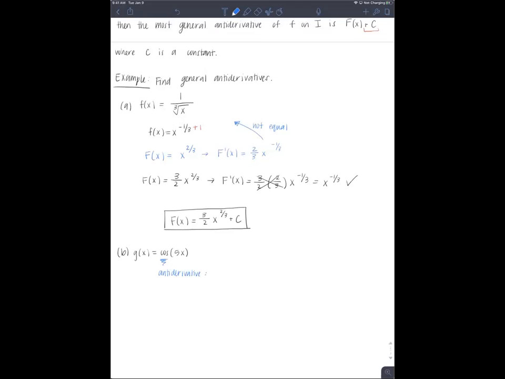It would be sine, right? Because the derivative of sine is positive cosine. Wait, is that right? Did I get that right? The derivative of sine is positive cosine and the derivative of cosine is negative sine, right? That sounds right. Nobody's confirming or denying, so I'll believe that.